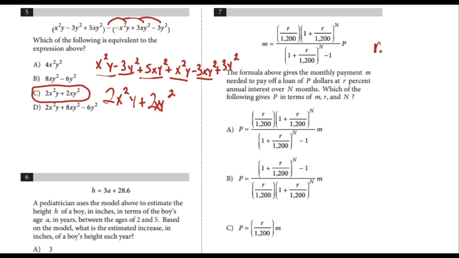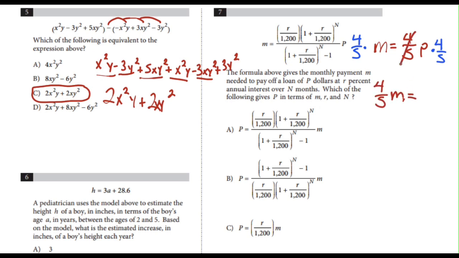Whenever we have, let's say, m equals some fraction times p, in order to get p by itself, we have to multiply by the reciprocal. So we'll multiply both the left side and the right side by 4 over 5. On the left side, we'll have 4 over 5 times m.